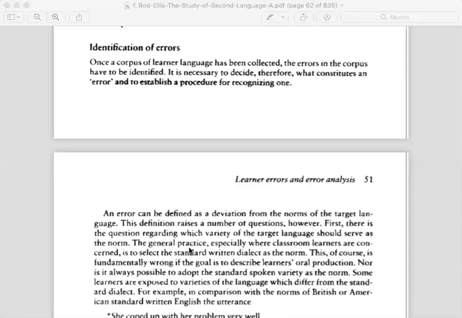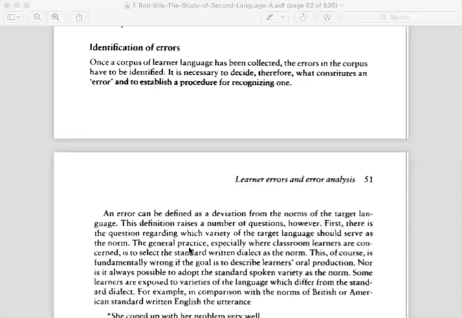But a learner who is making errors needs the help of the teacher, because that part of the language where he is making errors isn't in his competence, and he needs to be taught. He needs to be corrected, he needs to be taught, and it's a concern of the language teacher.